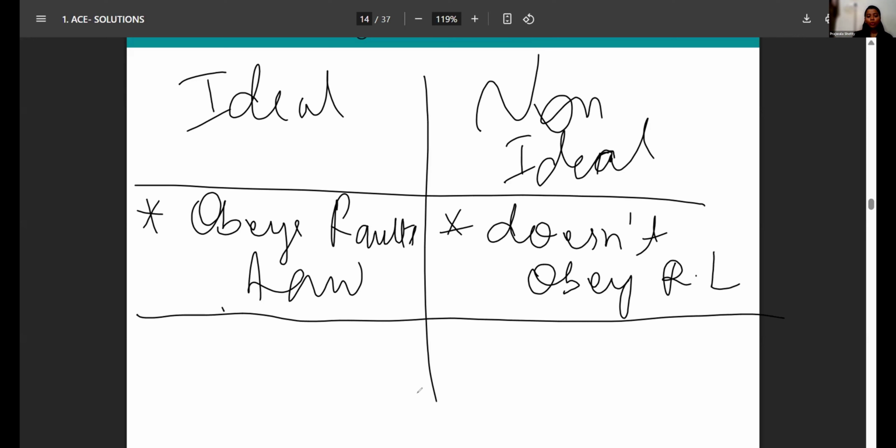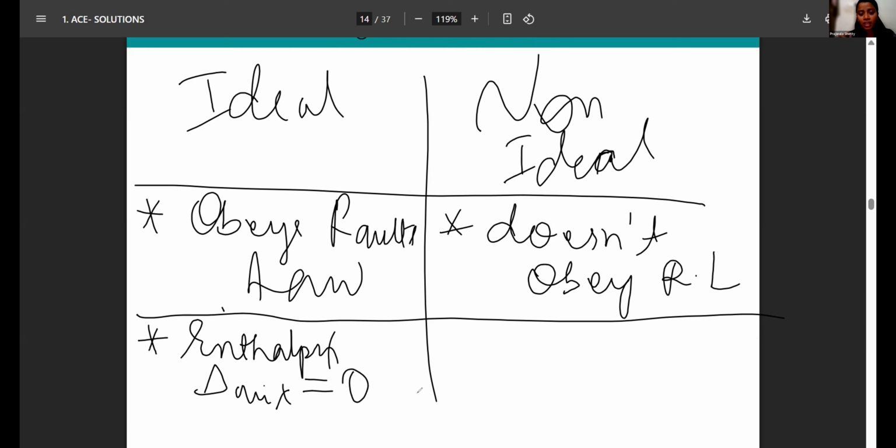And you have two other important properties of ideal and non-ideal solutions. Please look into it. The enthalpy of mixing of the pure components. If you're taking notes, please note down: the enthalpy of mixing of two pure components is 0.